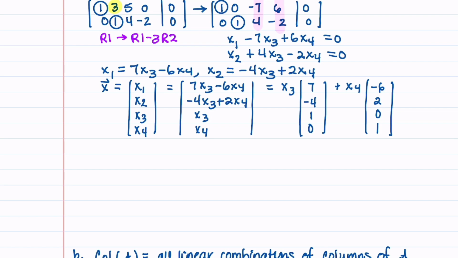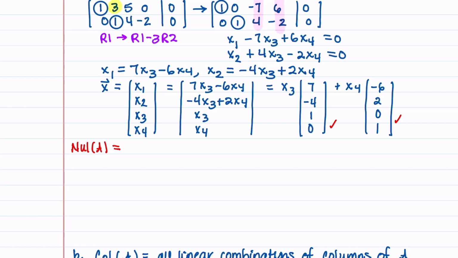We can now write down what the null space of our matrix is. So the null space of A is going to be all the linear combinations of these two vectors right here. So we often write that in terms of the span. The span of a set of vectors is all the linear combinations of those vectors.